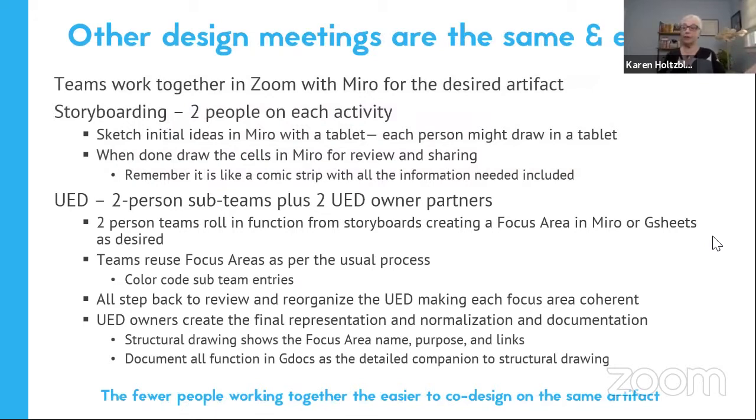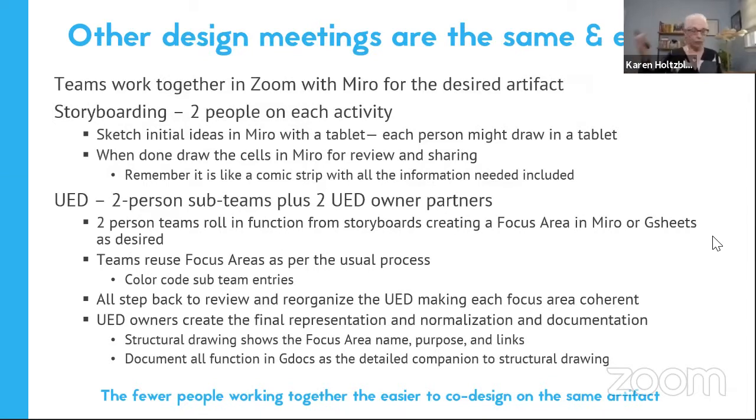For the user environment design, the architecture, if only two people are using the storyboards to derive the system structure, you don't need this complicated process. But if you've got more people and you're working in sub-teams on different activities, you're going to have different people start rolling in and identifying the focus area, the kind of screen, based on their storyboard and writing in the function inside of Miro, okay?